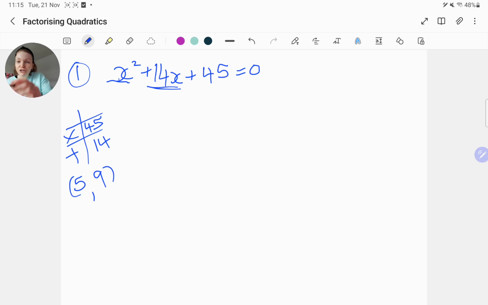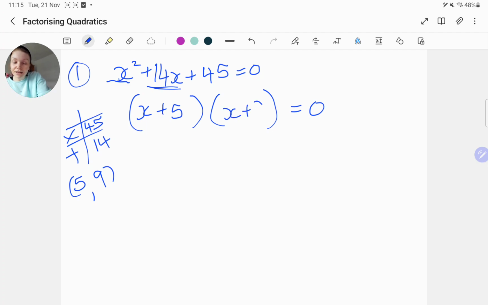Factorising is all about putting things into brackets. So we're going to have two brackets equals 0, and we're going to have x plus 5 and x plus 9. So we can say that x plus 5 equals 0 or x plus 9 equals 0.